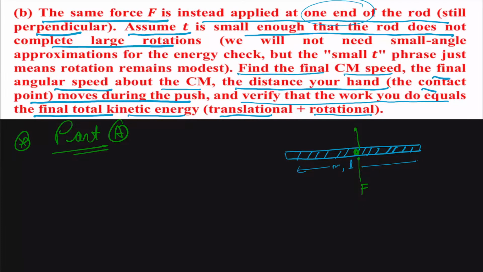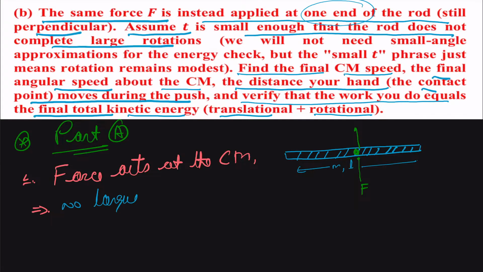This is one of the key differences between part A and part B. You can say that the force acts at the center of mass, therefore we can write: no torque about the center of mass.